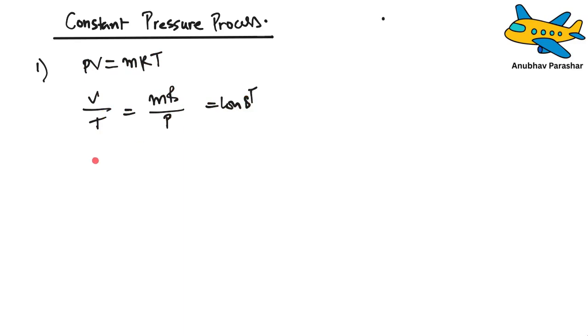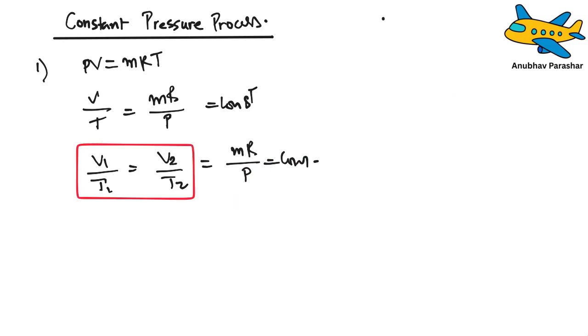So I can say the ratio V1 by T1 will always remain constant, same as V2 by T2. It is always going to be mR by P because it is constant. So this becomes our PVT relation. So V1 by T1 is equal to V2 by T2.